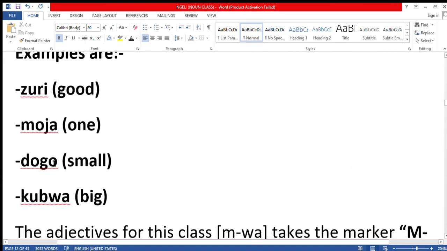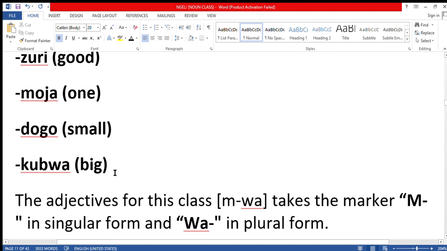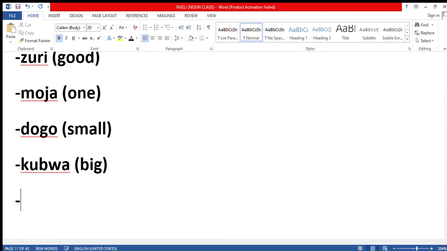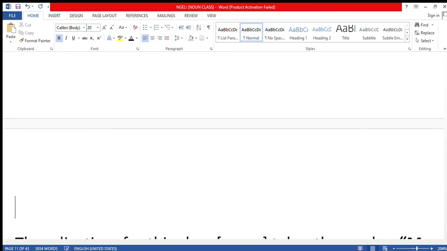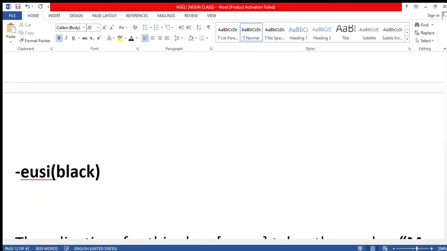Other examples are with the colors. So let me put here some colors that need to be conjugated with the prefix, like p, white. Then we also have eusi, that is black. Then kundu, that is red.